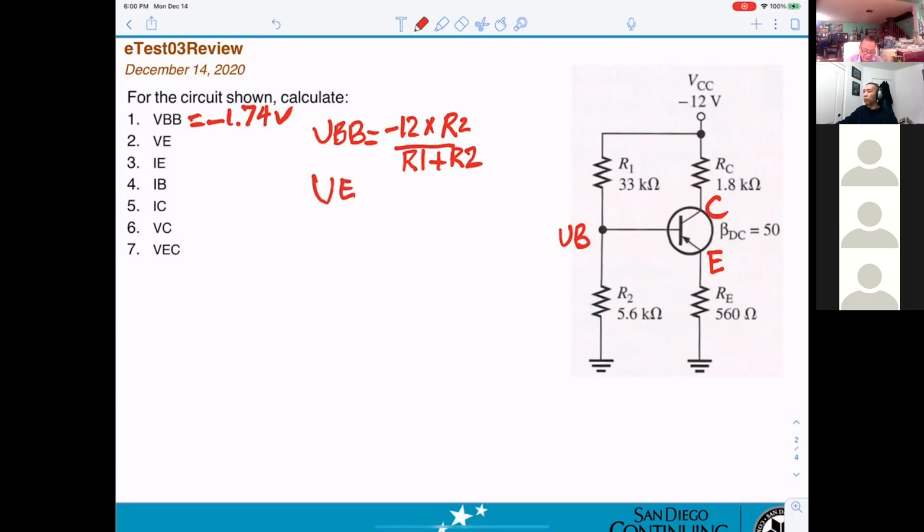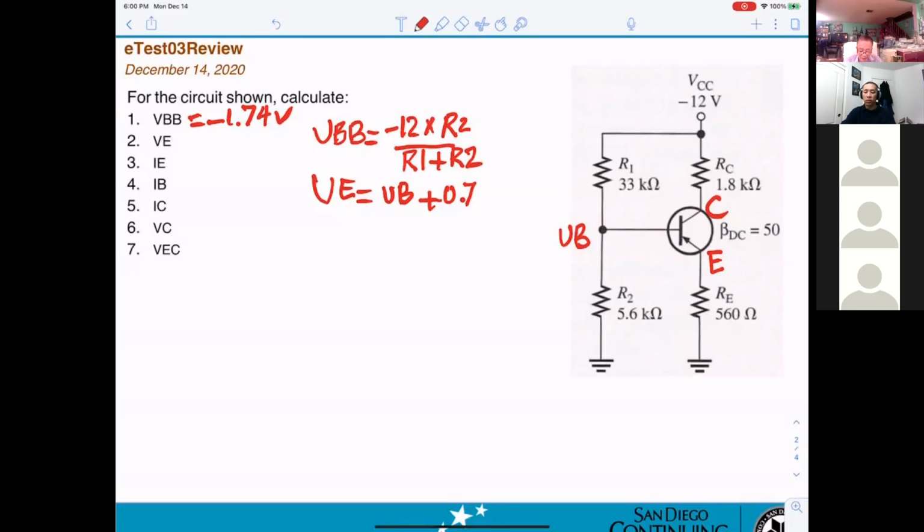VE equal VBB, B or BB, same thing. Okay, and then it will be plus, because it's reverse biased here, 0.7. So the voltage drop goes the other way?